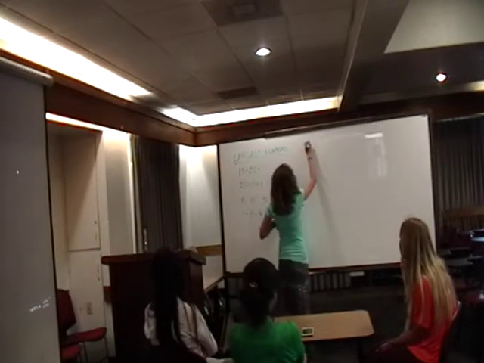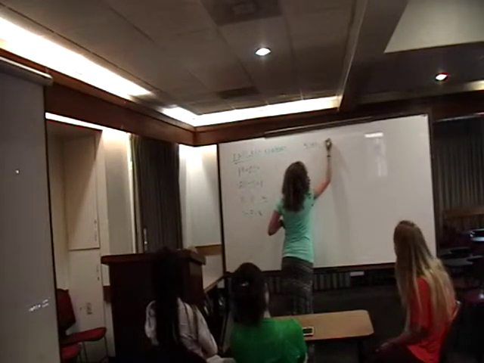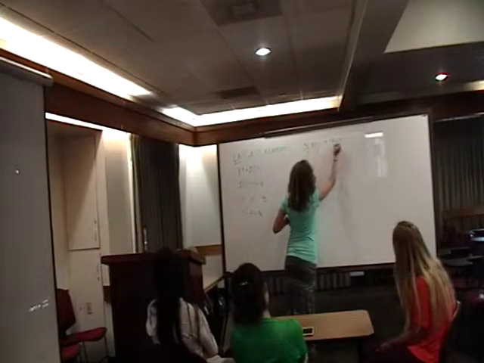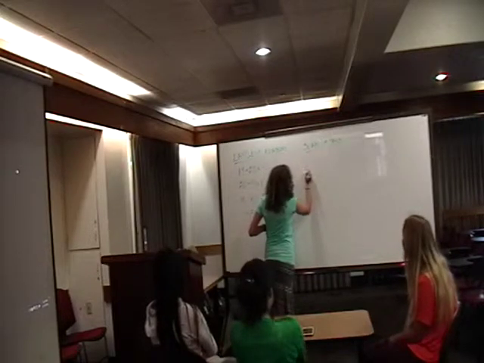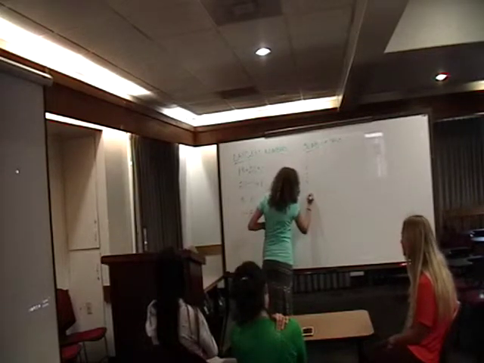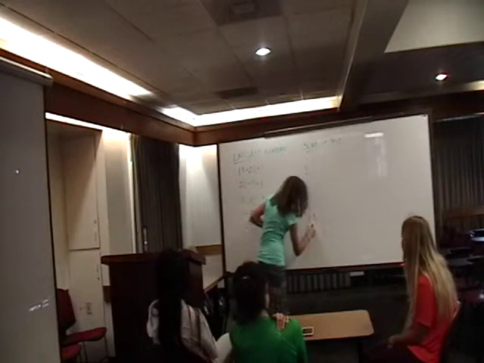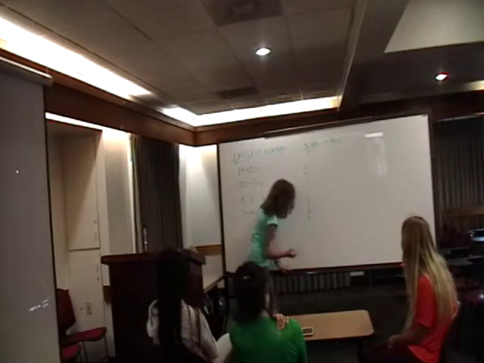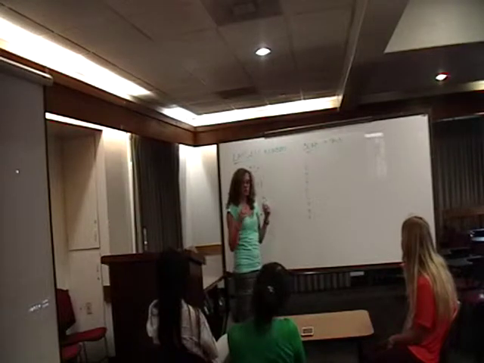Next one is sums up to 10, where you automatically memorize what two numbers go together to make 10.